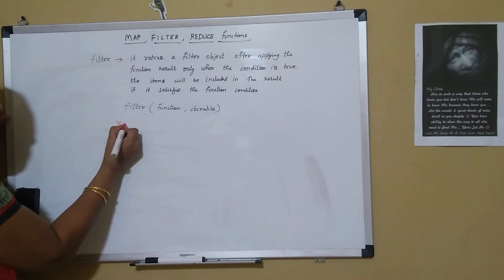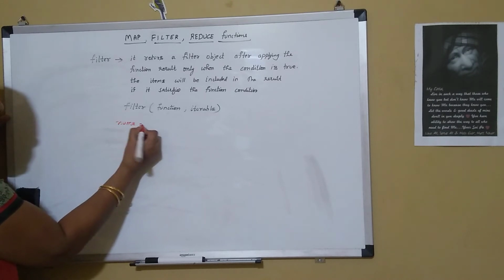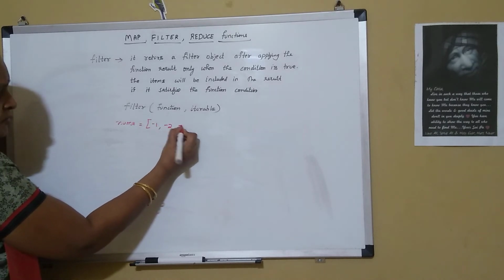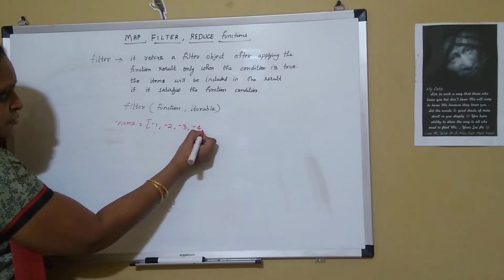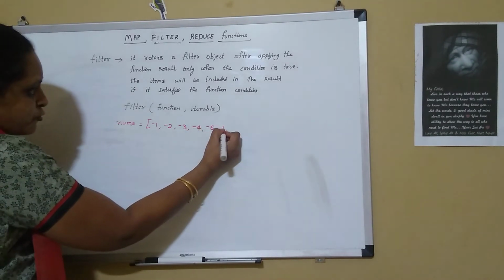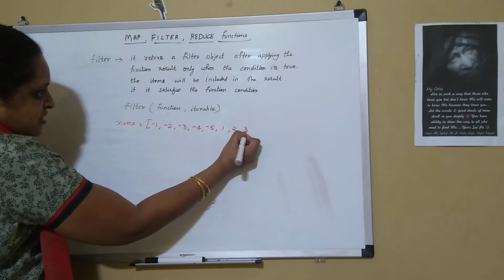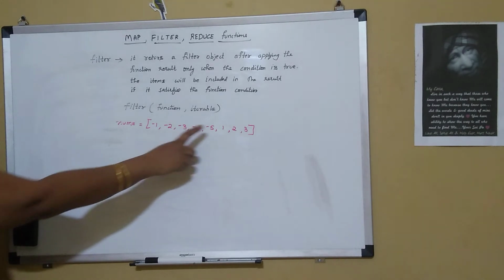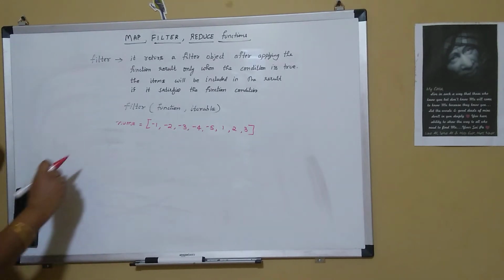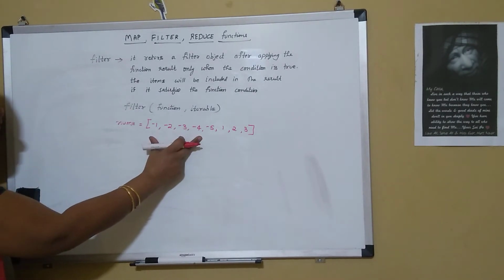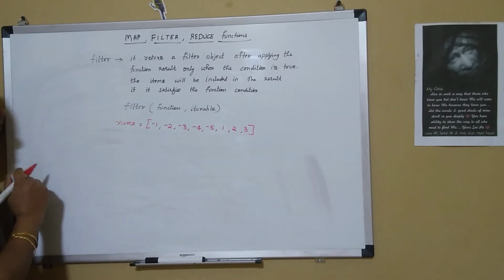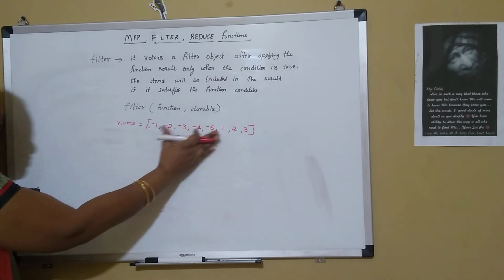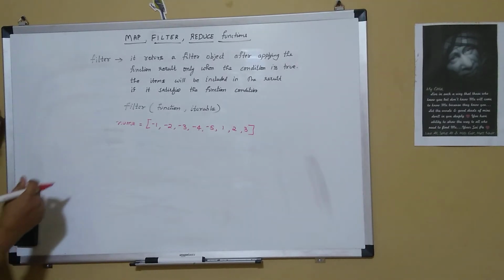Now let me take my nums as an iterable having -1, -2, -3, -4, -5, 1, 2, 3. So basically my nums list is having negative numbers and positive numbers. Now I want to filter out the negative numbers and take only the positive numbers. In such scenarios, we go for filter, which removes the negative values and takes only the positive values.